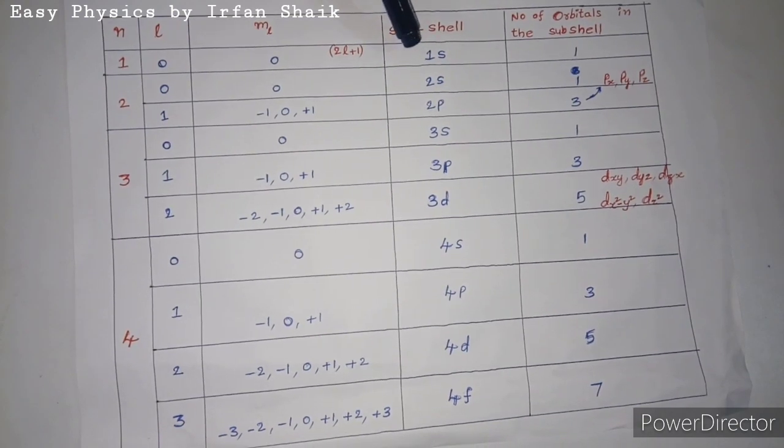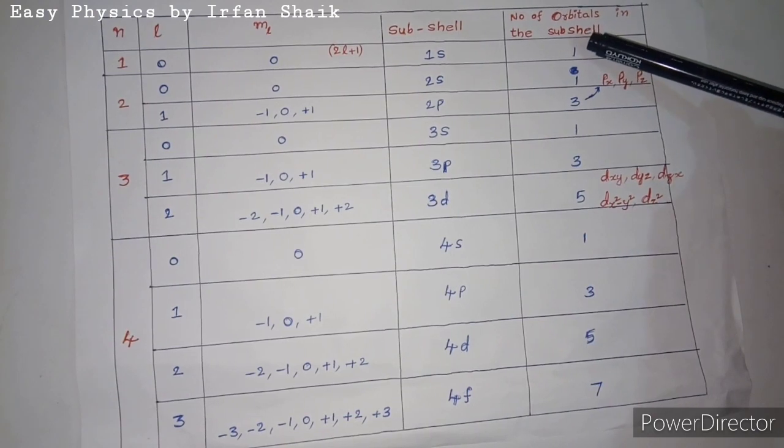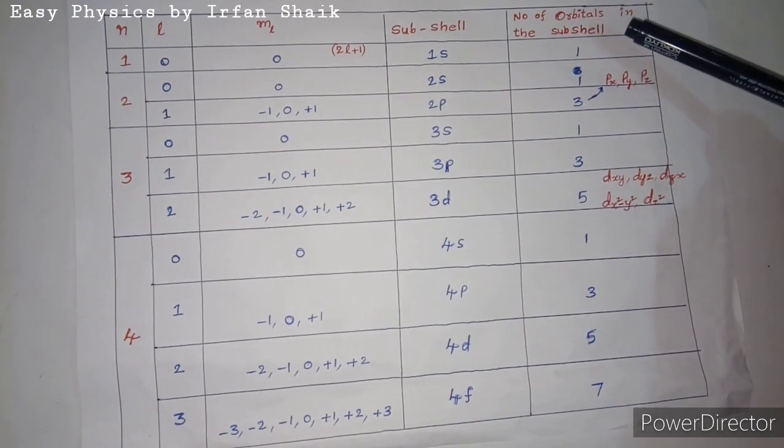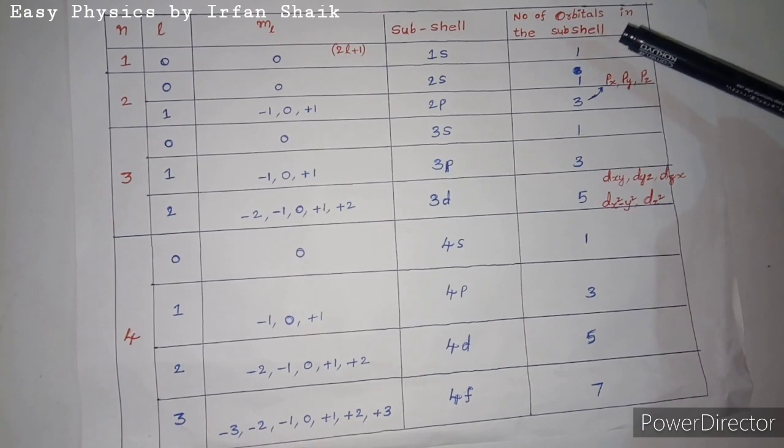So s orbital present in the first shell is called 1s. We have only one s orbital, so the number of orbitals in this subshell is only 1.